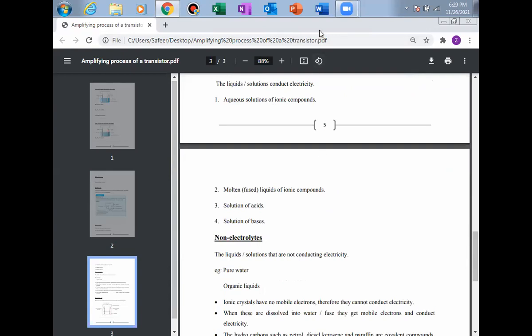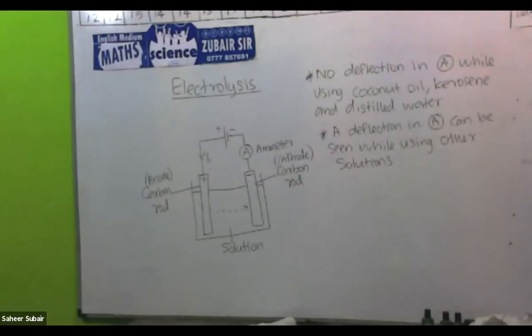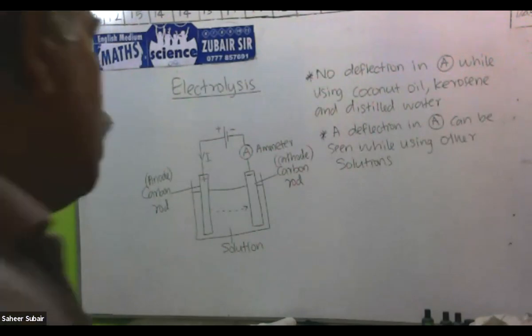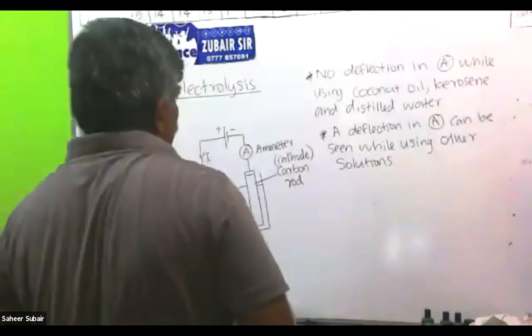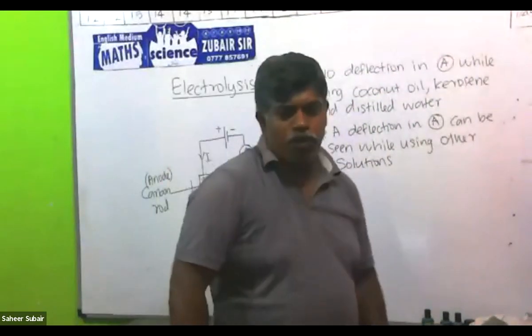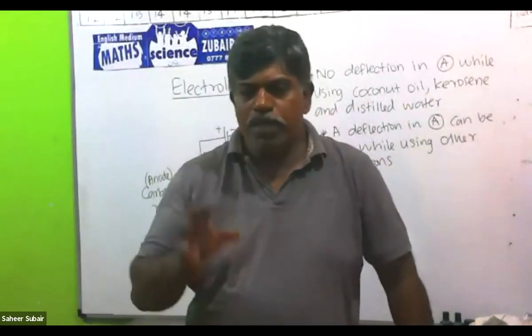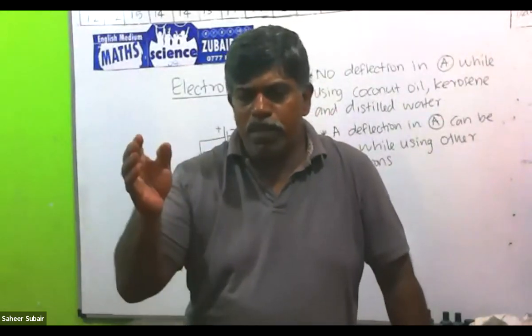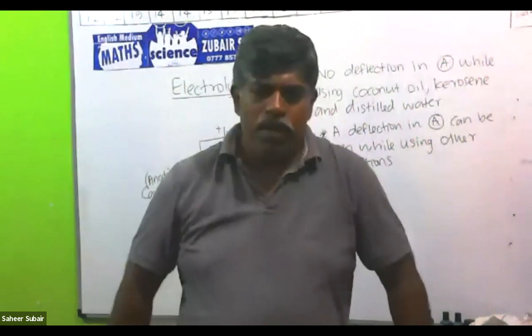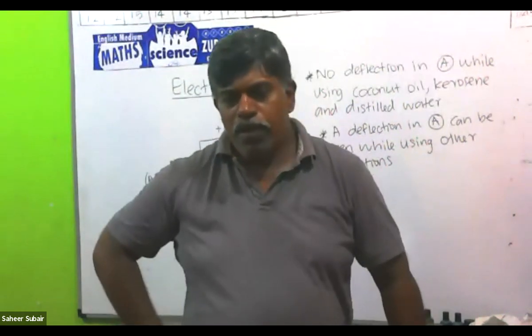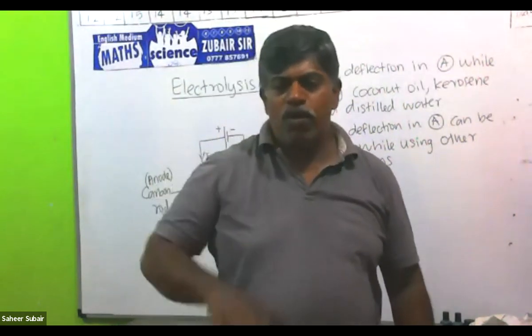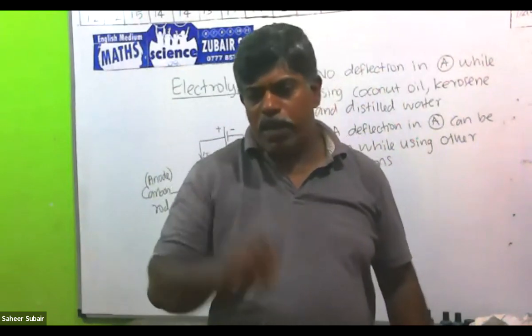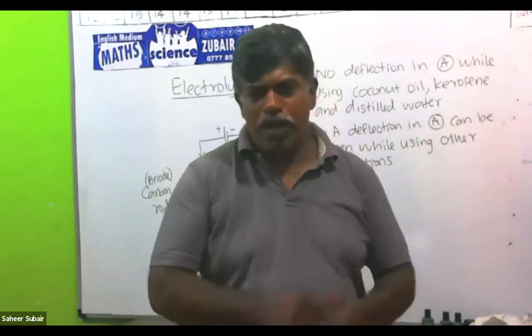The electrolysis process means the chemical changes that occur while passing the current through a solution. When the solution allows the current, it is called an electrolyte, otherwise a non-electrolyte. That is the summary we have studied.